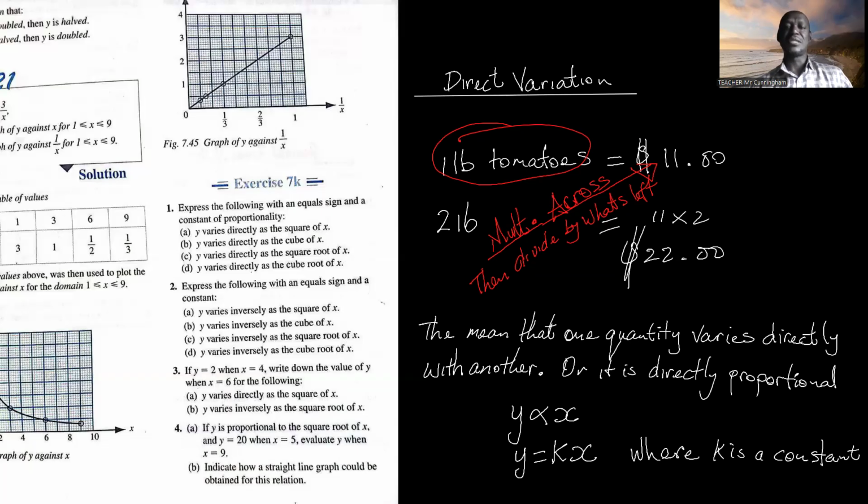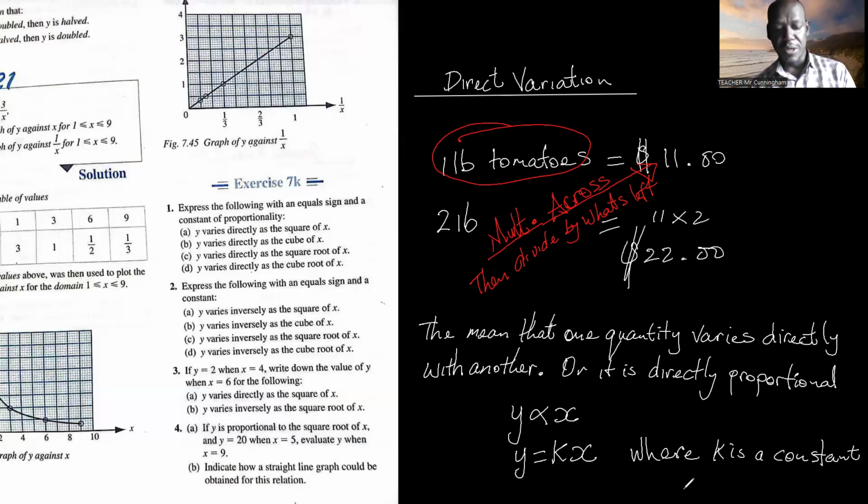It means that as the value increases, it is k times the other. For example, with the tomatoes, it's 11 times. 11 will be the constant.